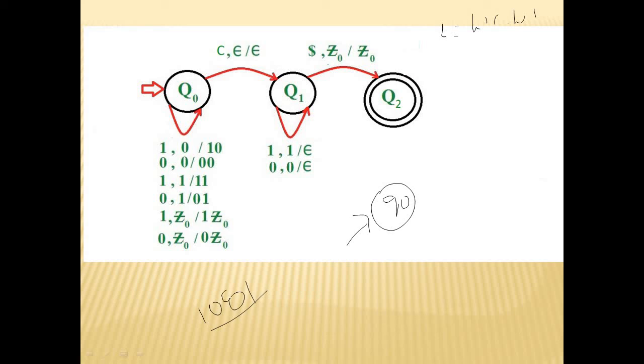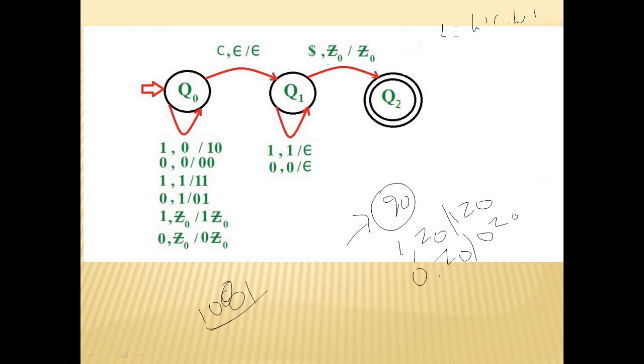C is there. Until before C, we need to push the elements into the stack. If the input is 1 and the stack is empty, what will we do? Push. If it is 0 and the stack is empty, what will we do? Push.